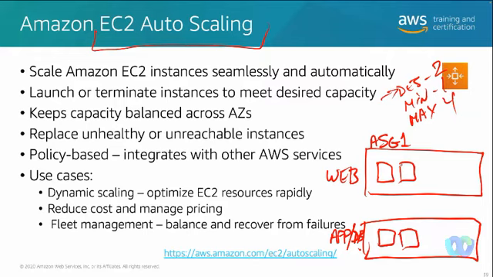And then it's going to monitor the usage of those instances. And by default, AWS collects metrics about your EC2 instances every 5 minutes. Metrics such as the CPU usage, the network usage, or the number of connections, right?